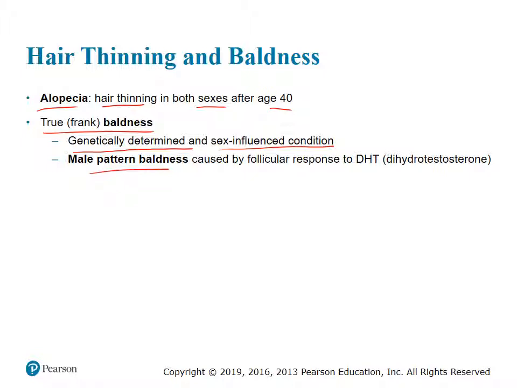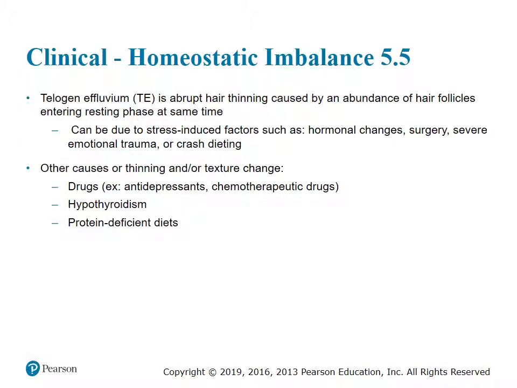And again, this is an immature response to a hormone, a subclass of testosterone. Because it doesn't respond to that, we start to see the hair die, and this is what you see in male pattern baldness, okay?